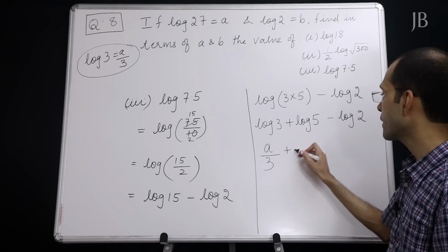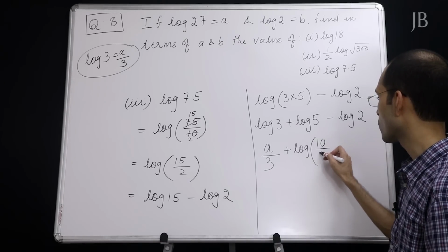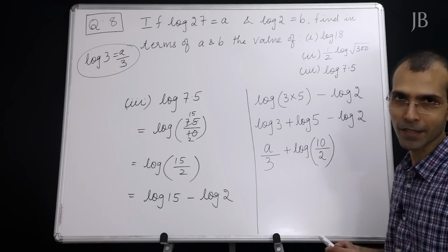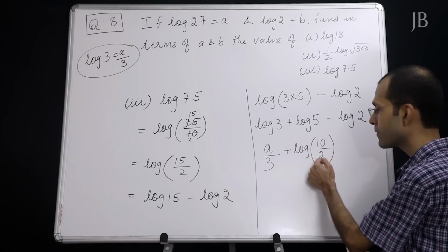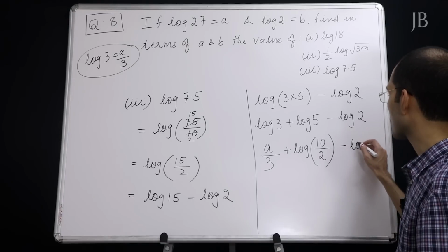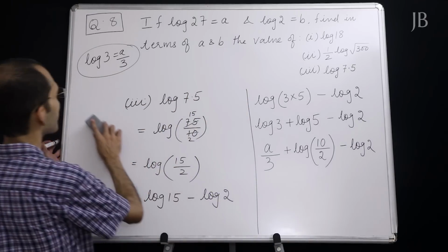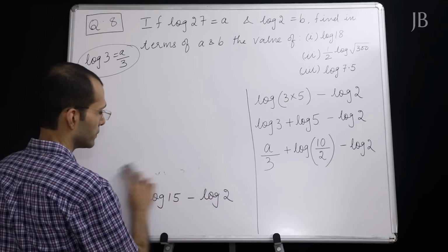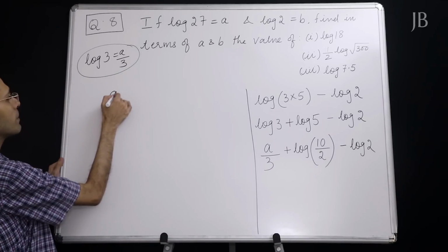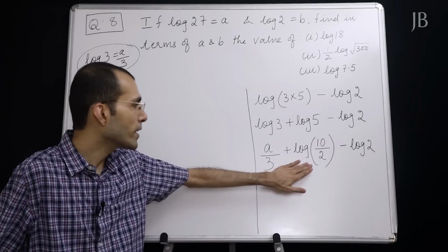Okay, now log 5, we can write this as log of 10 by 2. We are not changing the intrinsic value. 10 by 2 is 5. So it is log 5. Minus log 2. This will be now a by 3 plus. How to deal with this?